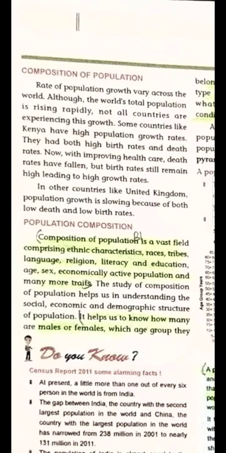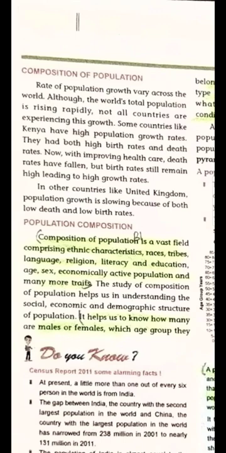So here, children, there are underdeveloped or developing countries like Kenya, which have been given as an example. Here the population composition is different because the birth rate is very high, and at the same time the death rate is also very high because they do not have advanced medical facilities.